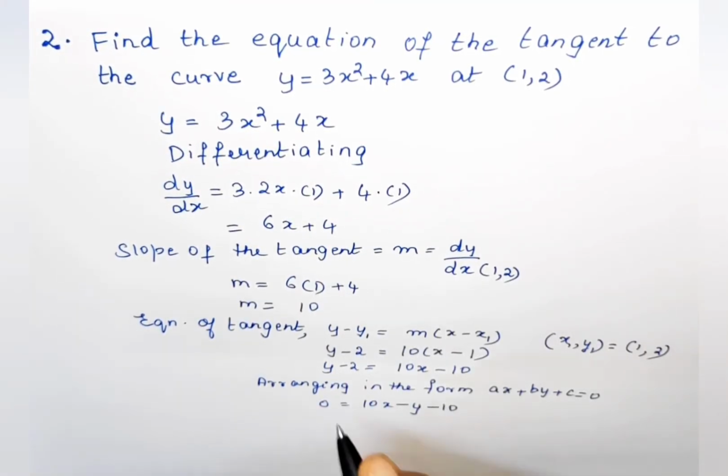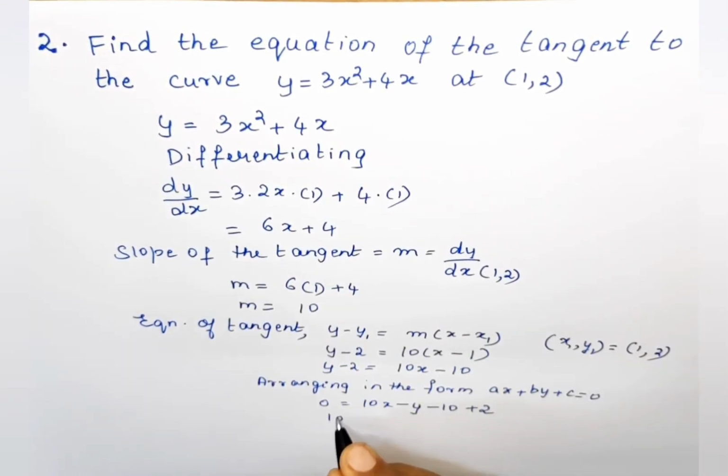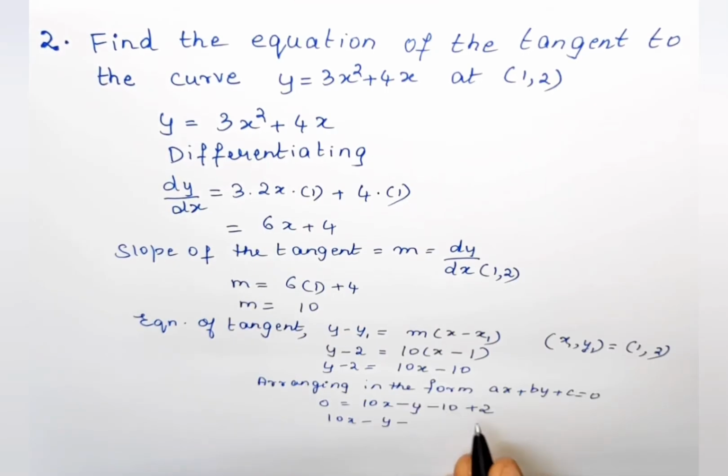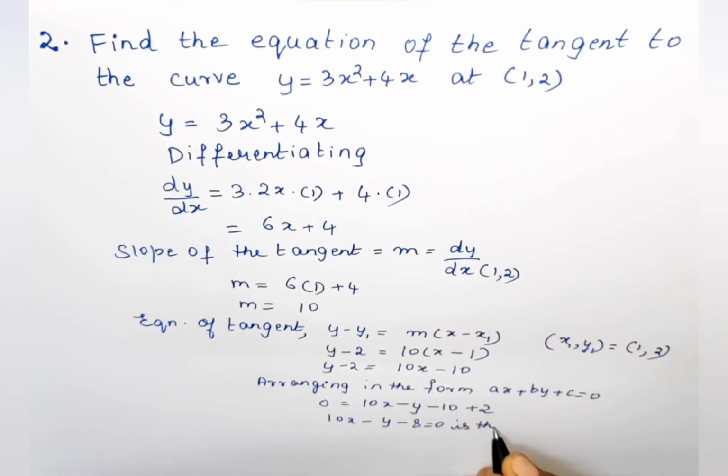When it gets shifted to the right hand side, it will become minus y. And minus 10 and minus 2, when you shift it to the right hand side, becomes plus 2. Now this becomes 10x minus y minus 8, because minus 10 plus 2 is minus 8. So 10x minus y minus 8 is equal to 0 is the required equation.